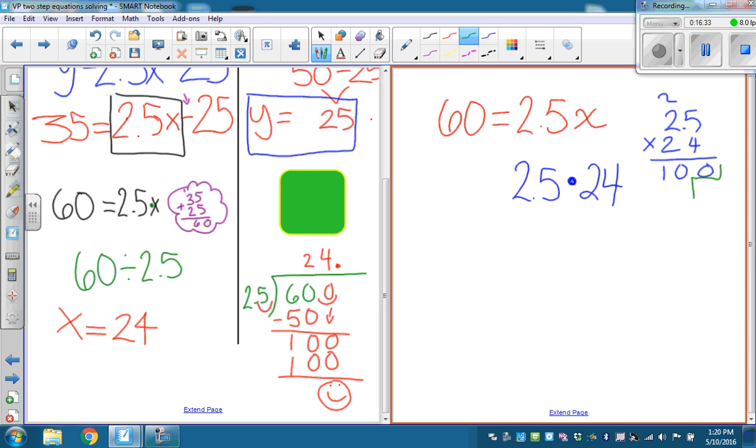Placeholder. 2 times 5 is 10. Carry the 1. 2 times 2 is 4. Plus 1 is 5. Add. 1 digit after the decimal. So I just confirmed that this is 60. So I know it works.